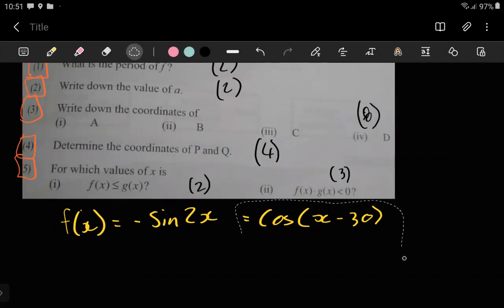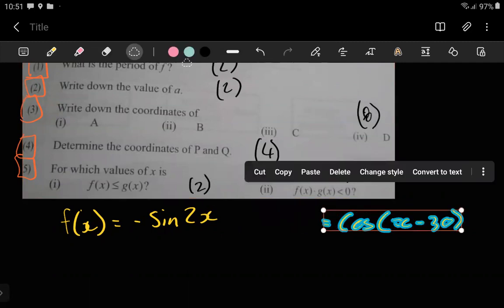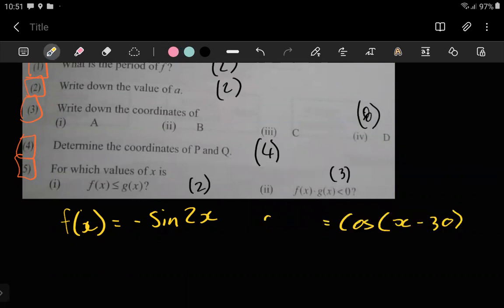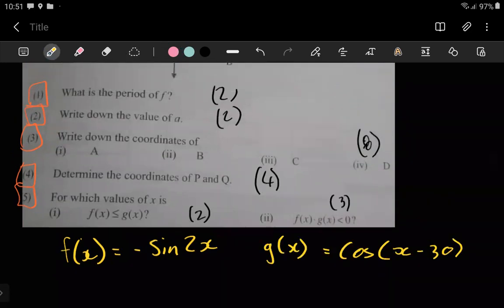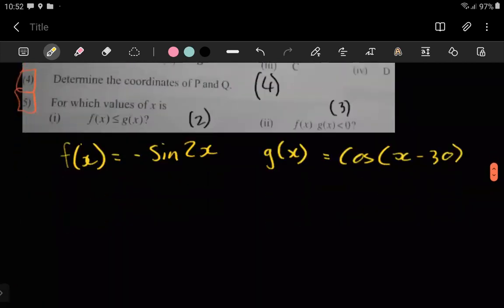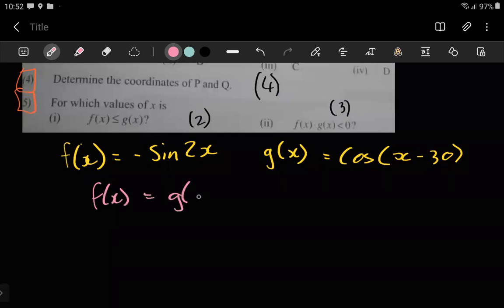Oops. This is g of x. So this is definitely an interesting question, right? If you're going to work out where these two intersect, you're going to have f of x equal to g of x, right? It is going to look like this.